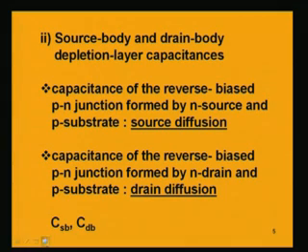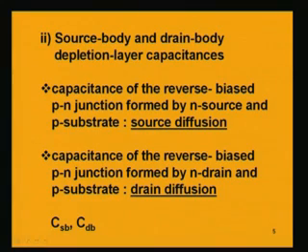The depletion layer capacitance in the p-n junction between the drain and the substrate or the body is known as drain diffusion capacitance, and the p-n junction depletion layer capacitance between the source and the substrate or the body is the source diffusion capacitance.